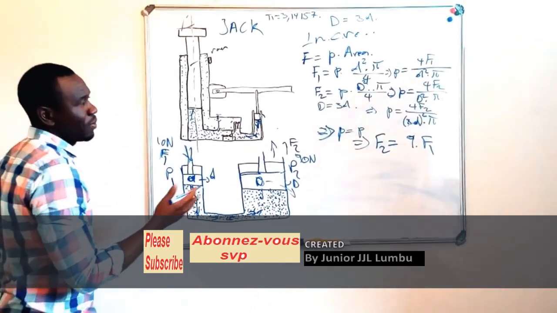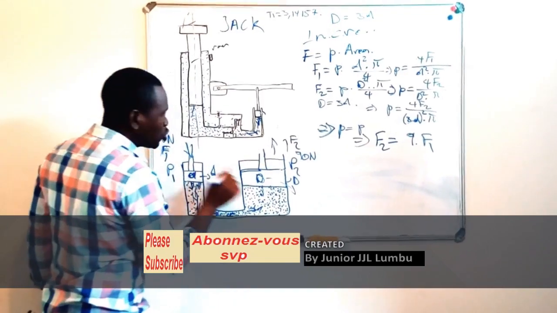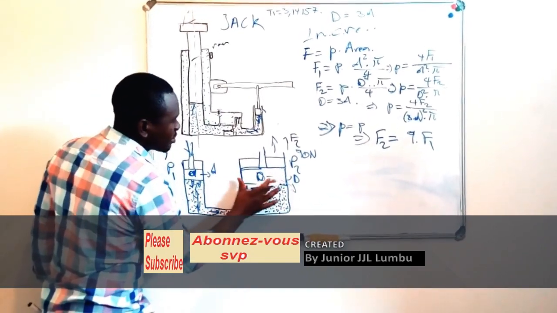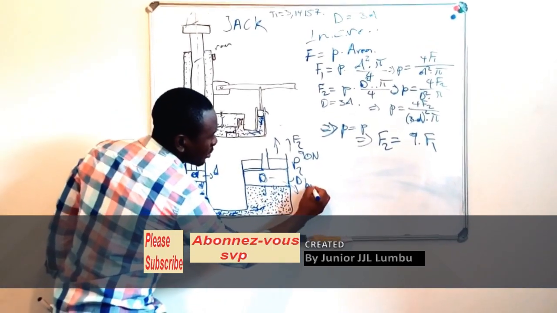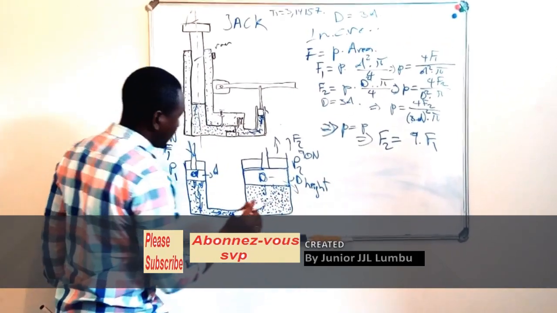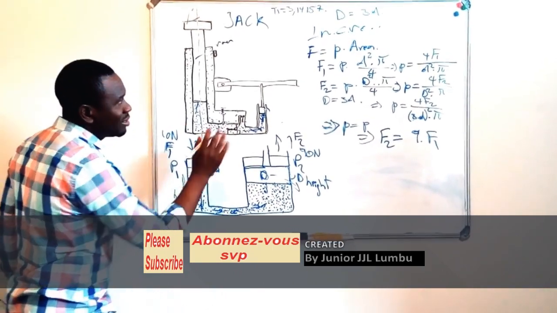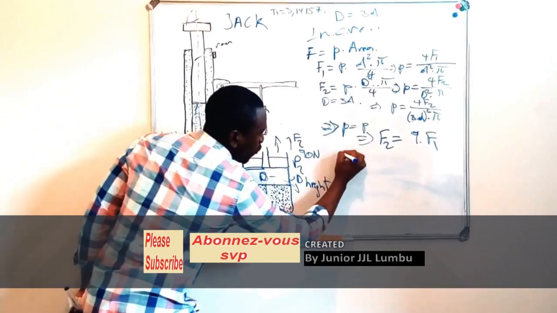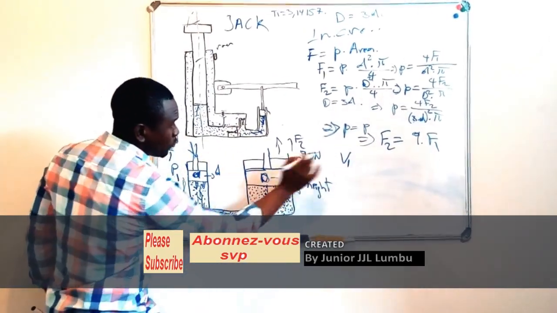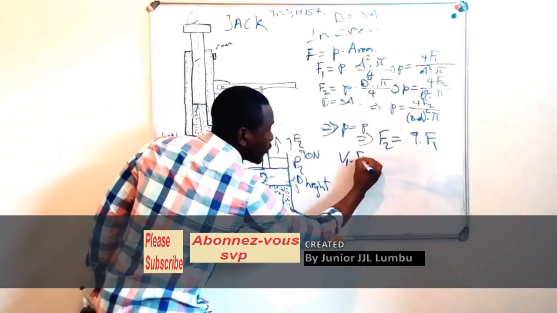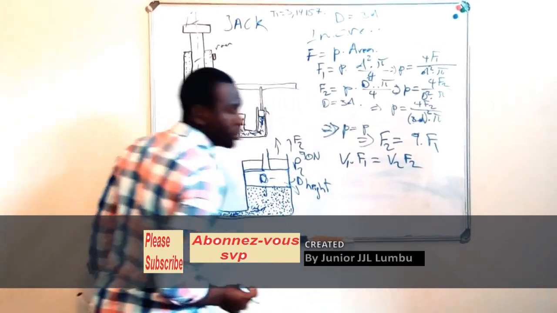Wow, 90 Newton. But now here's the problem. For you to move this bigger plunger by a certain height, you need to go also with a certain height. This relationship goes like this: volume 1 times force 1 equals V2 times force 2.